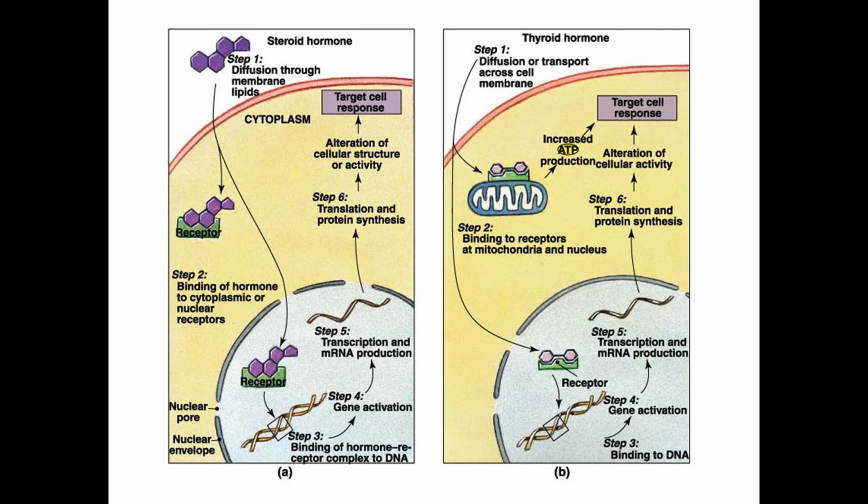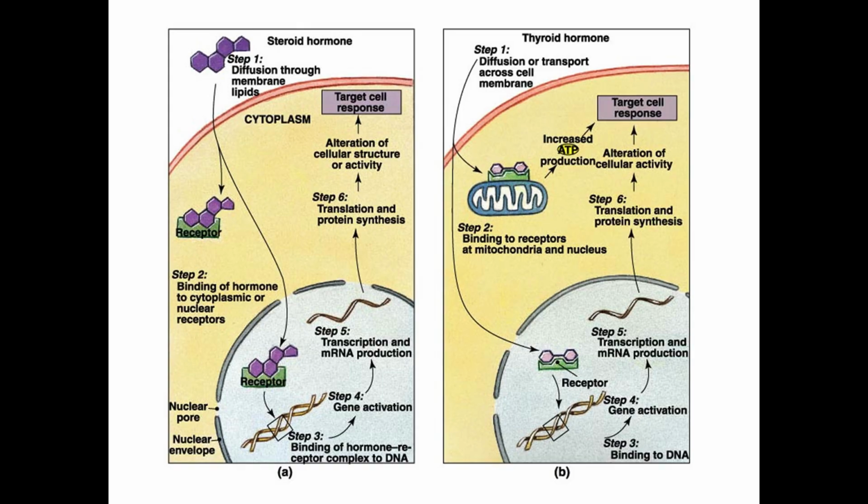On the other hand, steroid hormones act via a different mechanism, because the receptor of the steroid hormone is present inside the cell or inside the nucleus. After release, the steroid hormone diffuses through the membrane lipid and enters the cell. When it enters the cell, it binds with its receptor present in the cytoplasm, or it enters the nucleus and binds with the nuclear receptor.